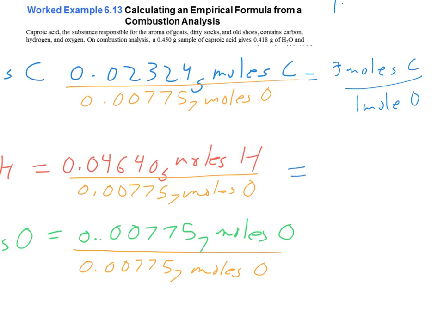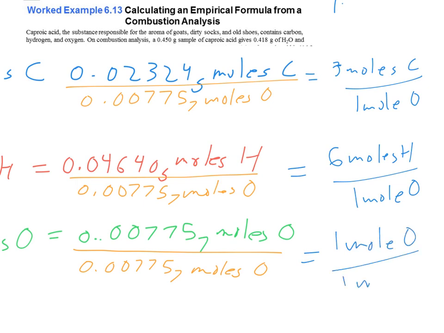And here it gives me 0.046405 divided by 0.007757, 6 moles of hydrogen for every 1 mole of oxygen. And it also gives me 1 mole of oxygen for every 1 mole of oxygen.